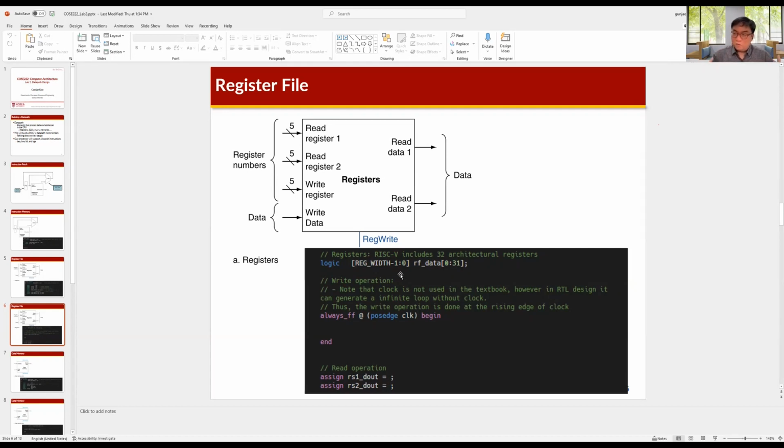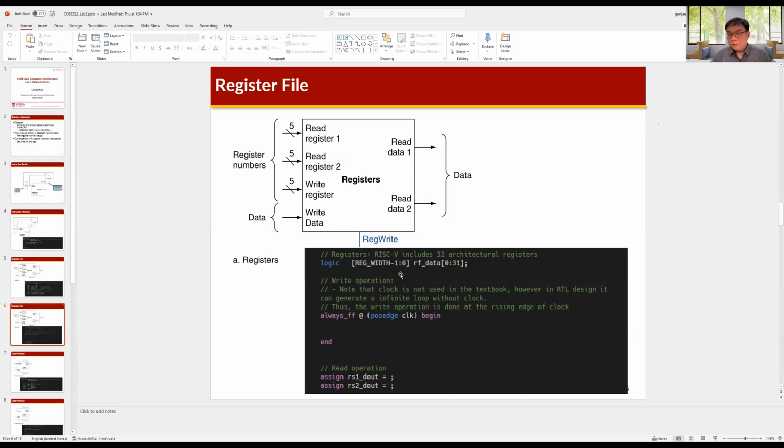Then this register file works again, and the output, x1, is generated again. Then x1 plus x1 is performed by the ALU, a new result is generated, and it is fed back to the register file.